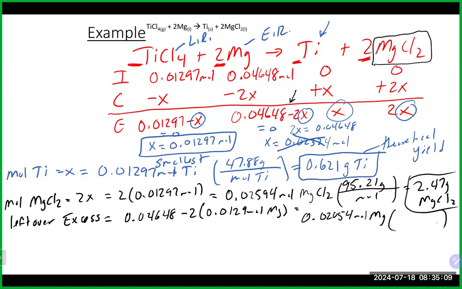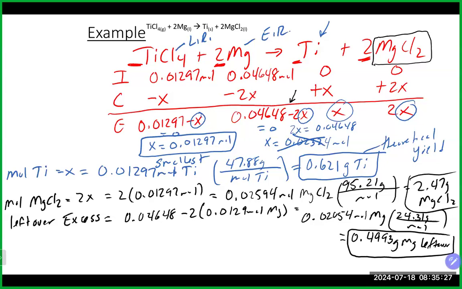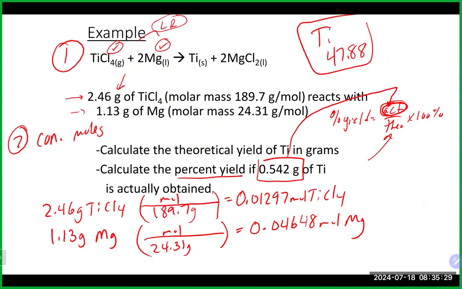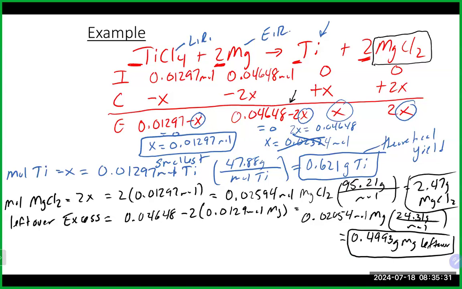We could use the molar mass of magnesium, 24.31 grams per mole. And again, as you can see, we would have something like 0.4993 grams of magnesium left over. In this case, I think we started with, what did we start with there? 1.13 grams of it. So you can see, again, just to illustrate very quickly, you could pretty much solve for anything that you might be interested in.